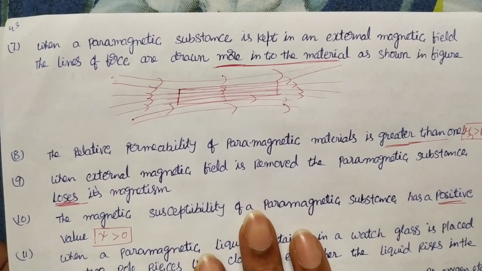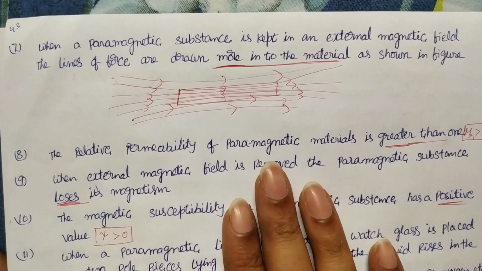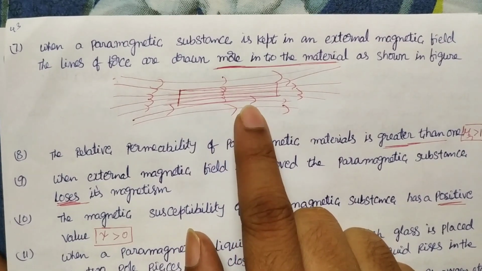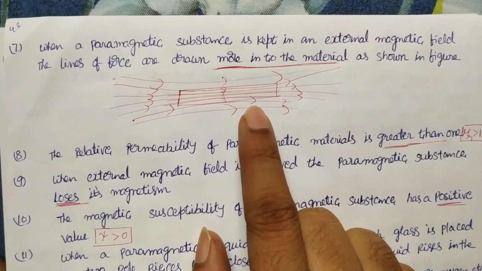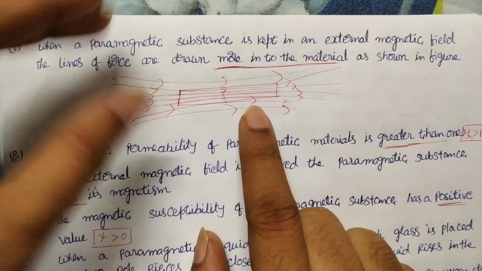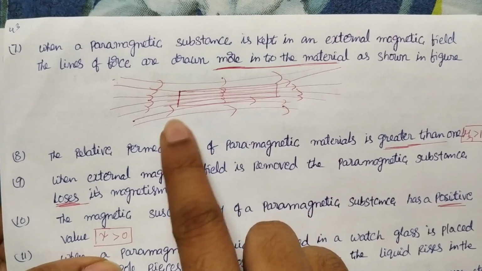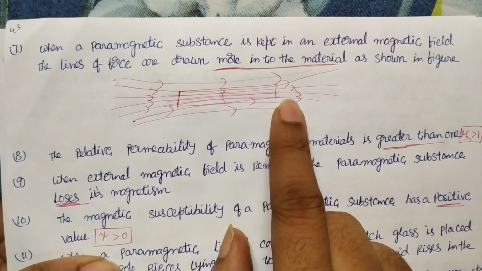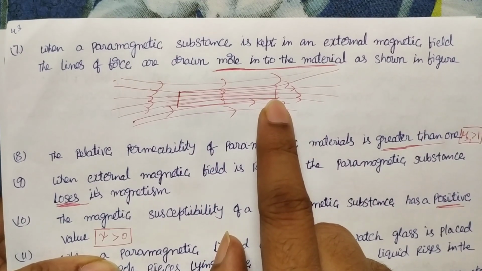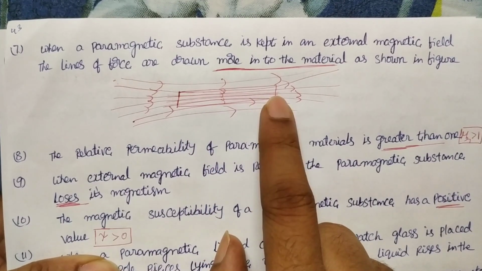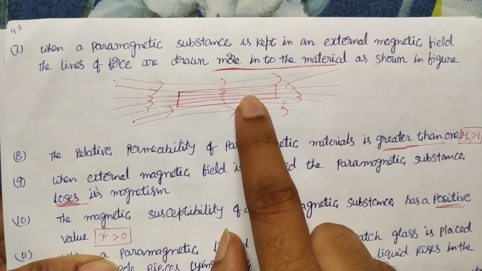In a uniform magnetic field, if you introduce a paramagnetic substance, the flux lines which are going outside divert their direction and pass through this material. The magnetic lines of force passing through it increase, because the induced field and the applied field, I and H, are both created in the same direction.